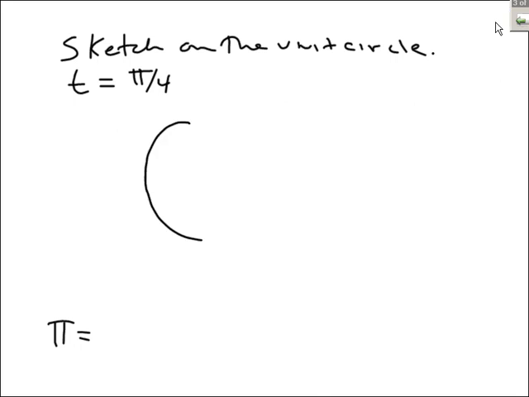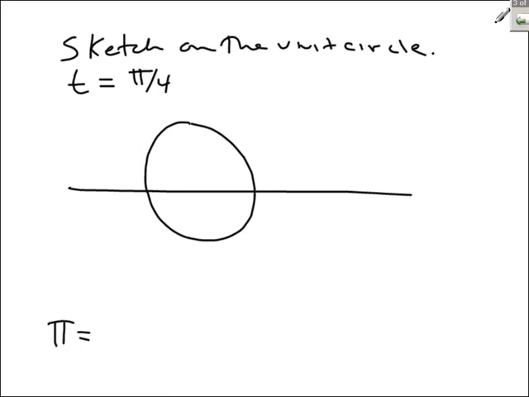So here's the unit circle. You measure angles off the x-axis in the counterclockwise direction. Positive angles go in that direction. For the record, negative angles go in the opposite direction.